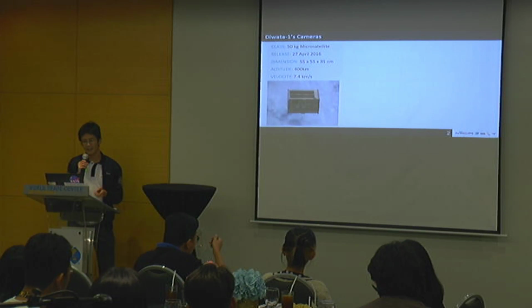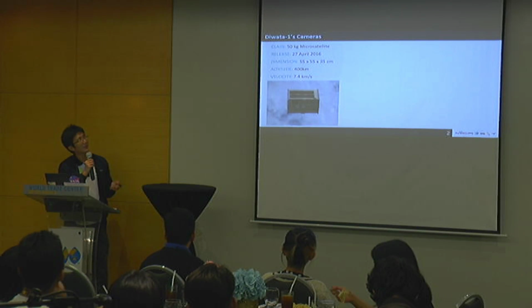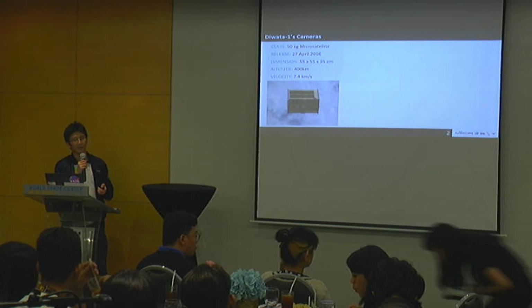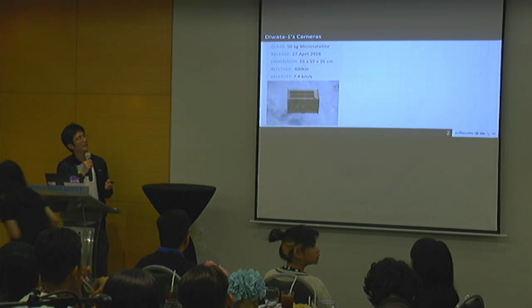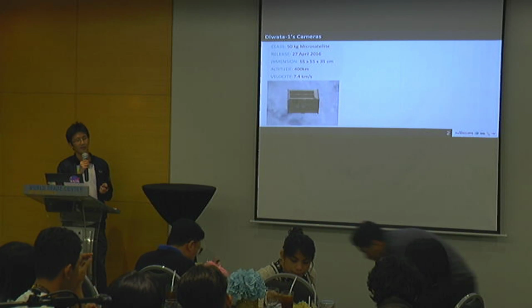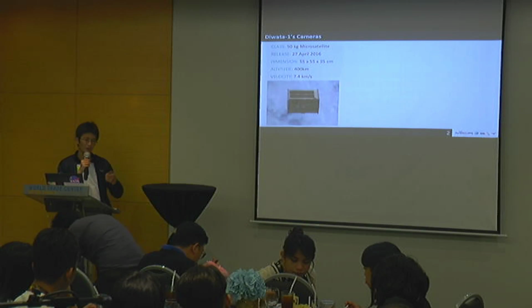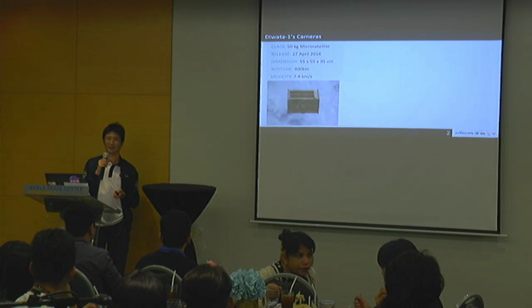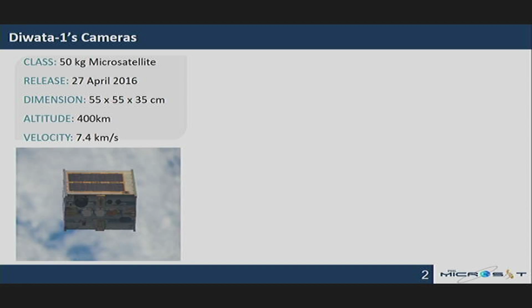A small background. Diwata 1, as you've already heard, is a 50-kilogram microsatellite. It was deployed from the International Space Station last April 27, 2016, and it has a 55 by 55 by 35 centimeter dimension. If you've been to the booth, it's roughly the size of an old CPU, and it has an altitude of 400 kilometers.